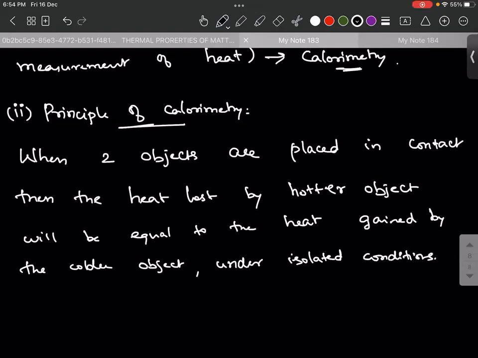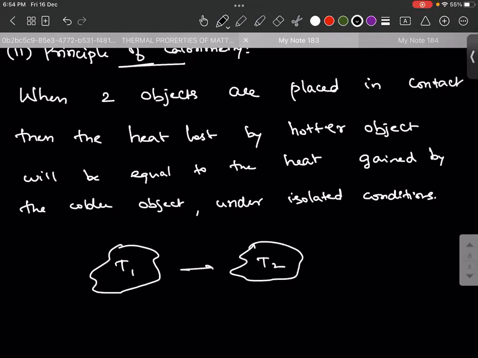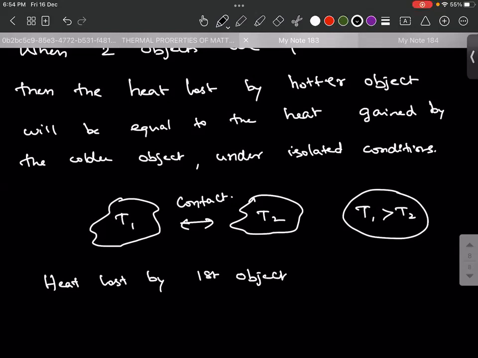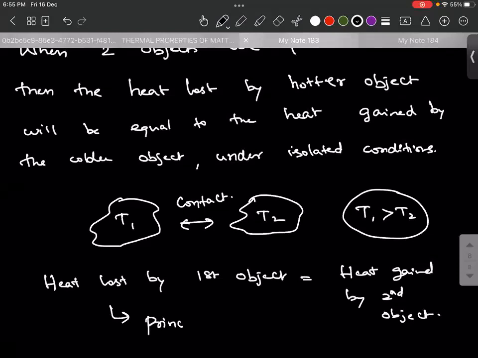Okay. So the meaning is, if I have an object at temperature T1 and T2 and they both are brought in contact with each other, if suppose I take T1 to be greater than T2, then heat lost by the first object will be equal to the heat gained by the second object, again under isolated condition, and this is called the principle of calorimetry.